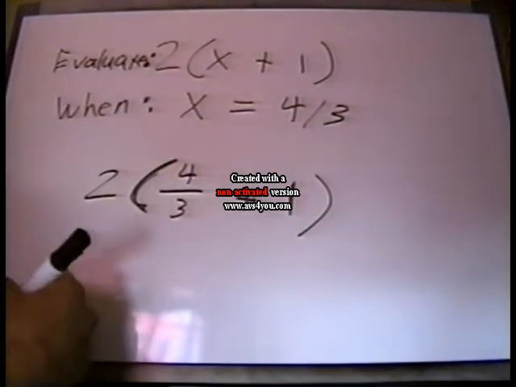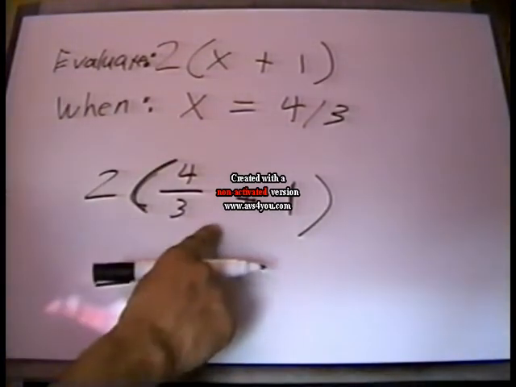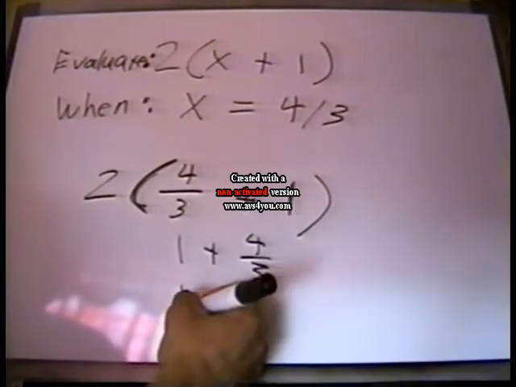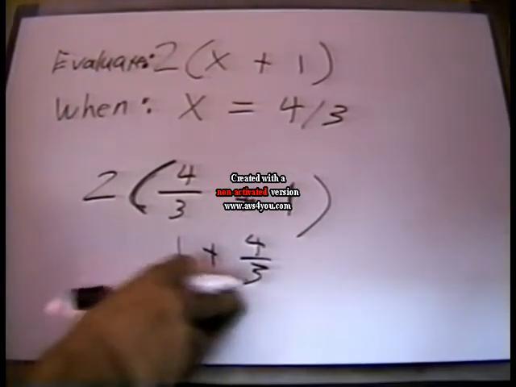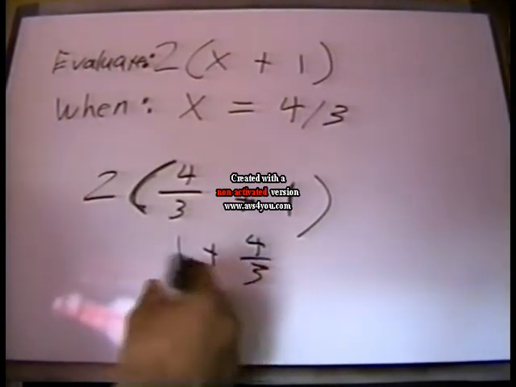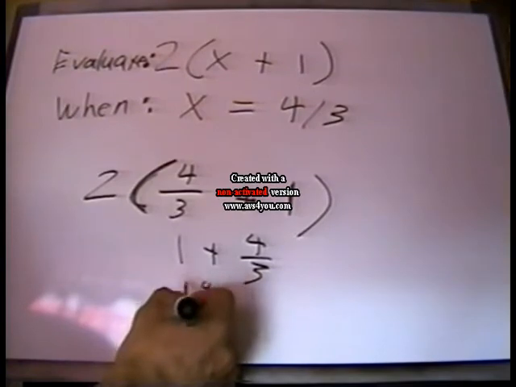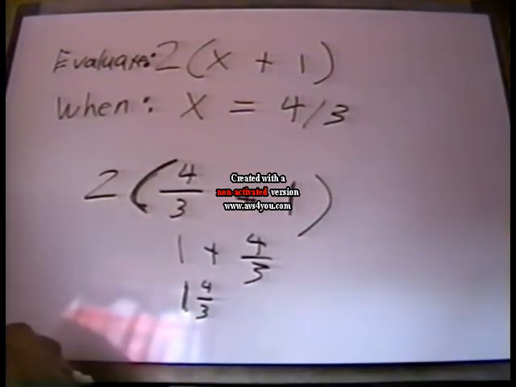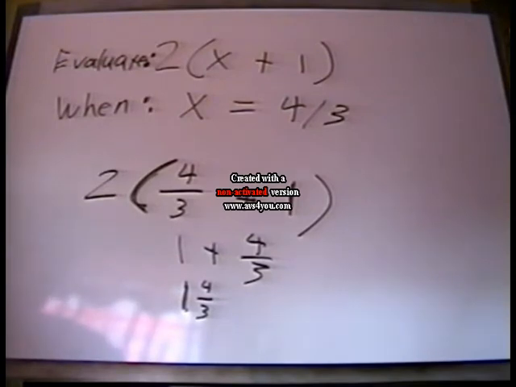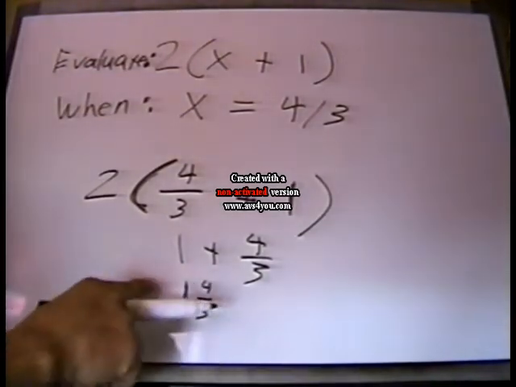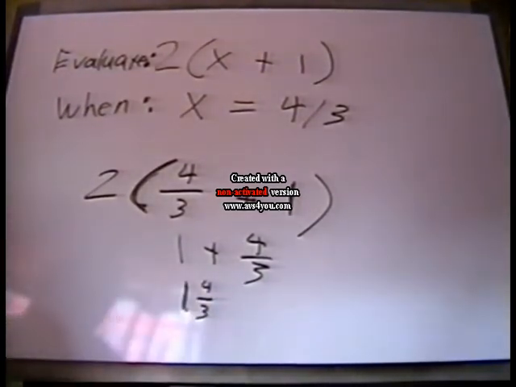Now we know that's 1 plus 4/3, or 1 and 4/3. But you can't multiply a number by a mixed number without changing one of the numbers. What I'm saying is you're not going to multiply 2 by 1 and 4/3.